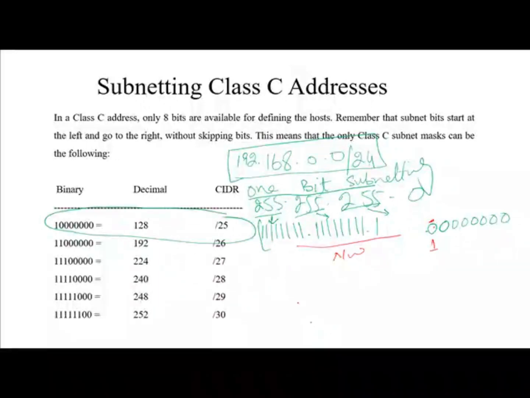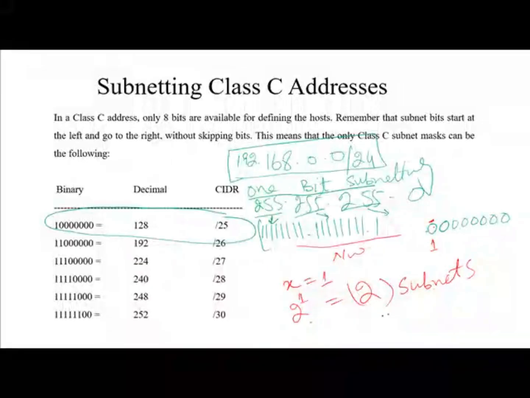So here the x value will be 1. So we will put that right there. 2 power 1 will result in what? 2. So if we borrow 1 bit, or perform 1-bit subnetting, it will divide the IP address into two different networks, two custom subnetworks. So our first question is solved.